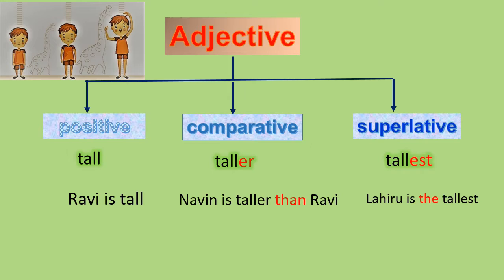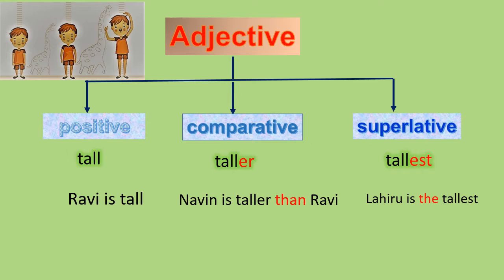Taller. As you can see, here we change the positive adjective adding the suffix er. A superlative adjective is used to compare more than two things. Tallest. Here we change the positive adjective adding the suffix est.